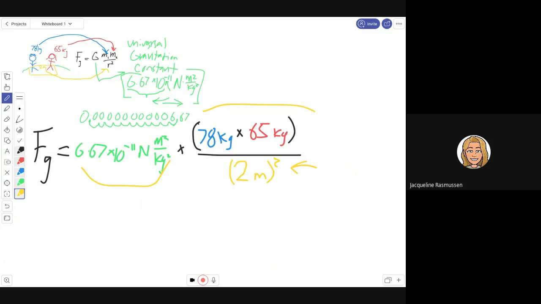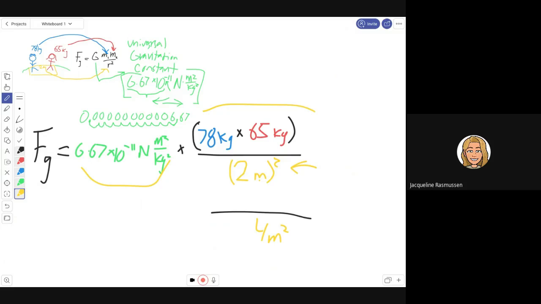So let's deal with this fraction first. I'm going to change this to 4 meters squared, right? Because 2 squared is 4. And then the square also applies to the units. So if we've got meters in here, now it's meters squared.